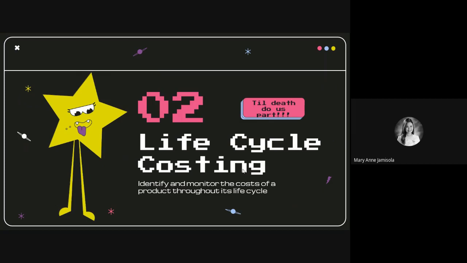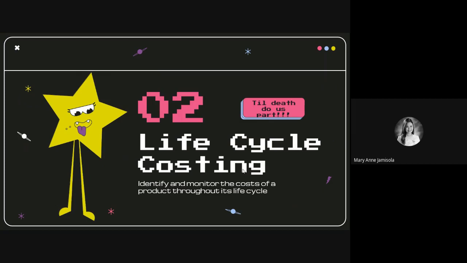Sales life cycle, on the other hand, is the sequence of phases in the product or service's life in the market. So this starts from the introduction of the product or service and then growth in sales, and finally, maturity, decline, and withdrawal from the market.